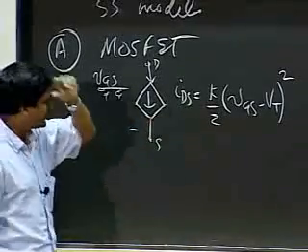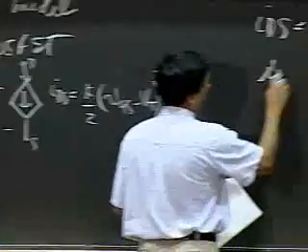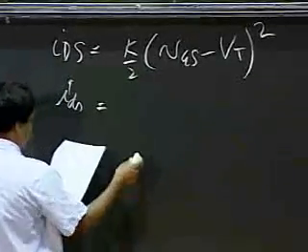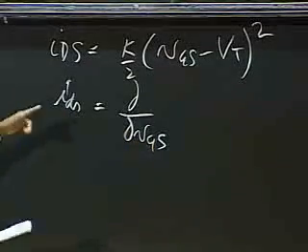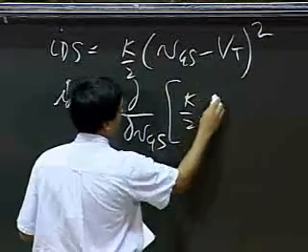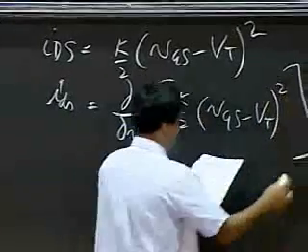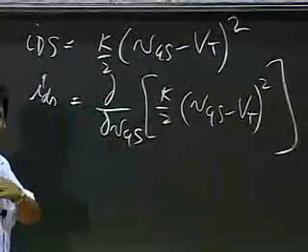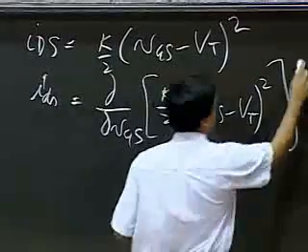So I can apply my standard trick to a much simpler expression here, which is IDS is simply, I differentiate this function with respect to VGS. So I don't completely eliminate the math here, but it's a much simpler problem.